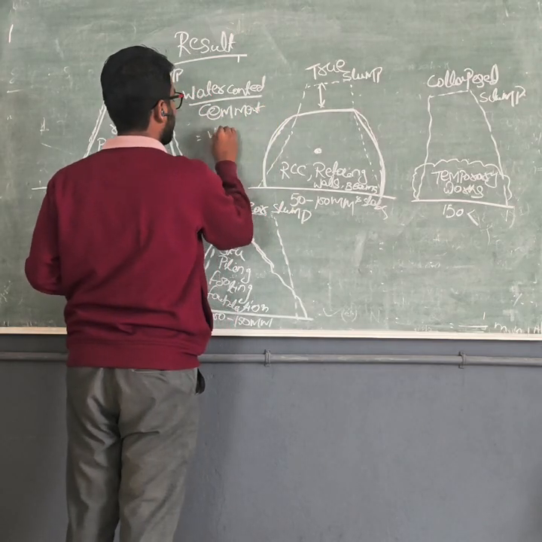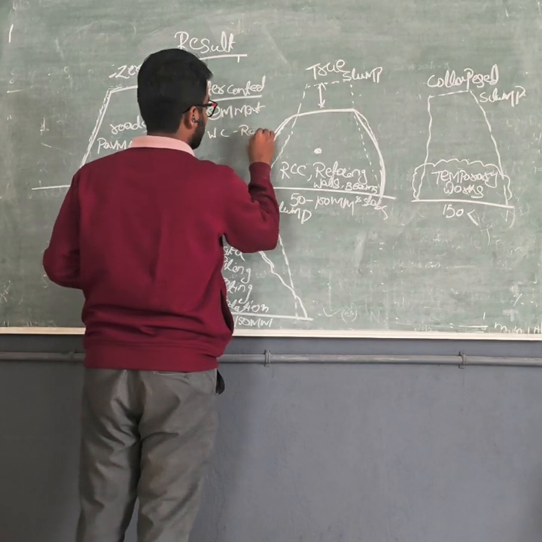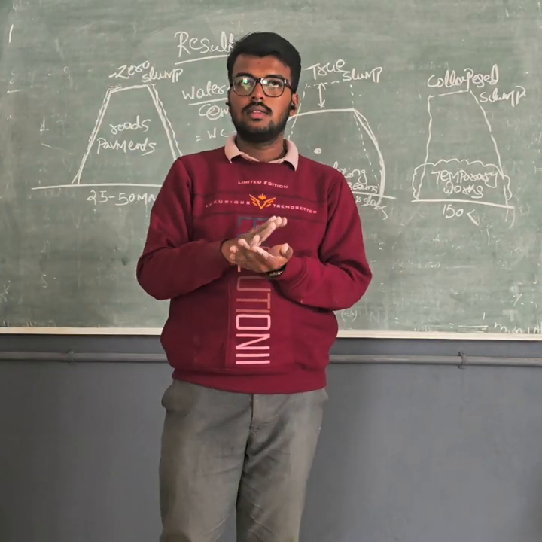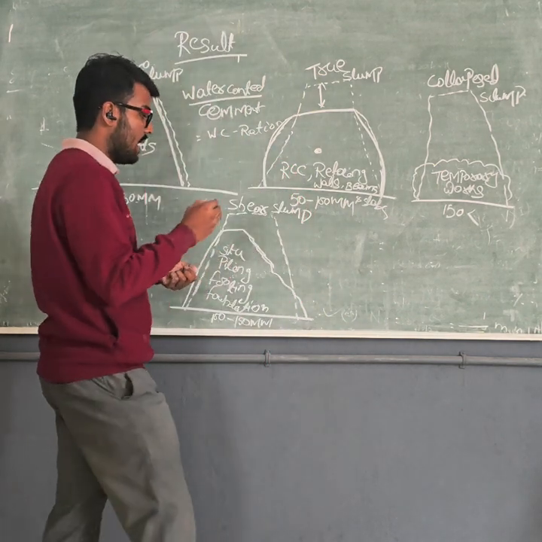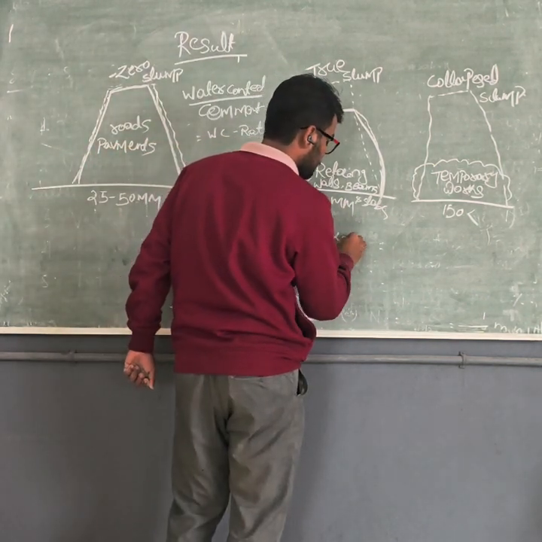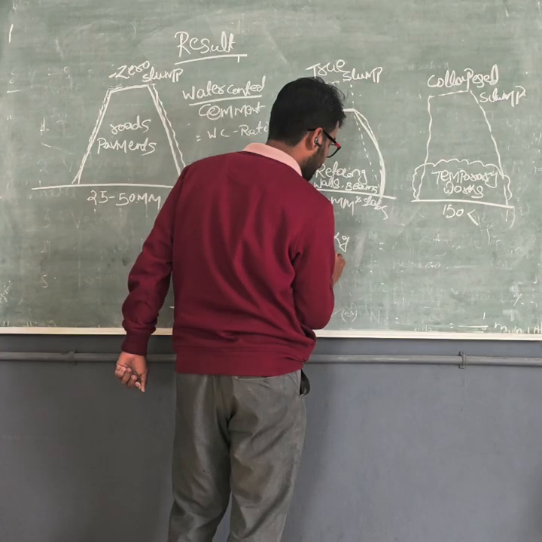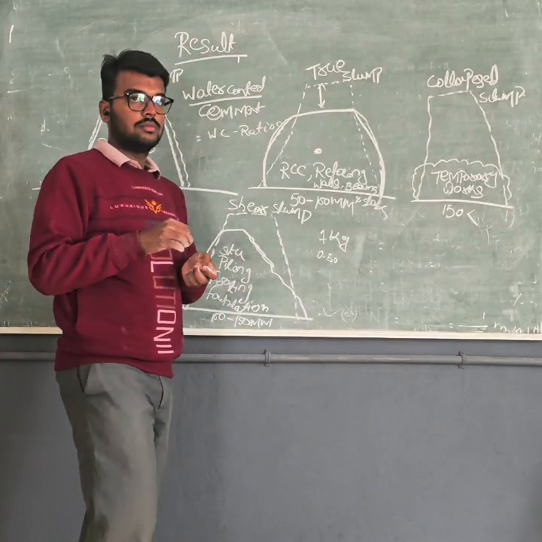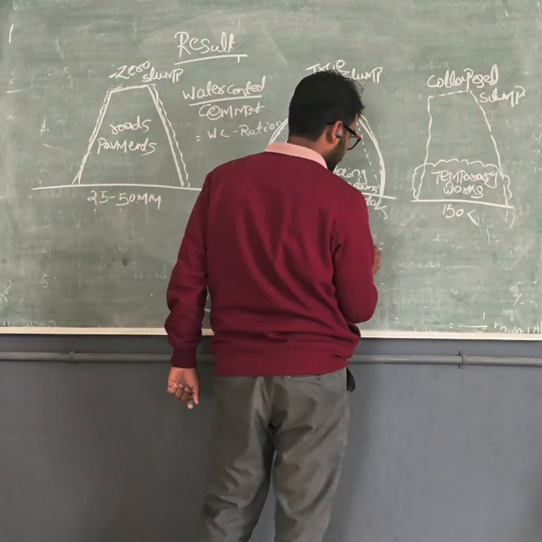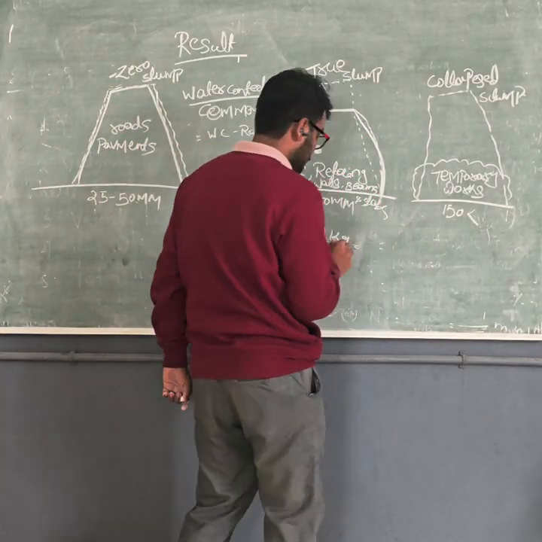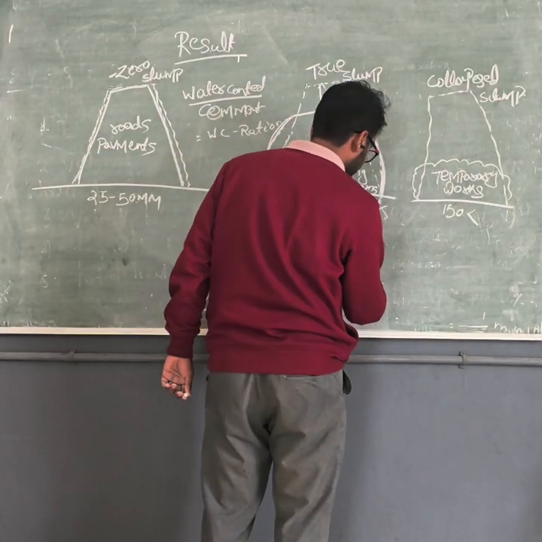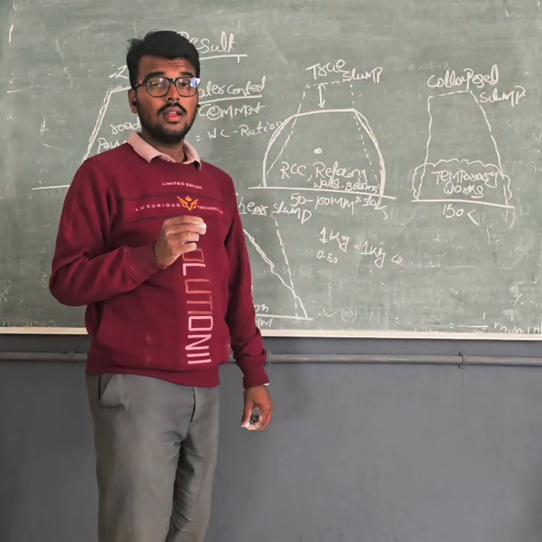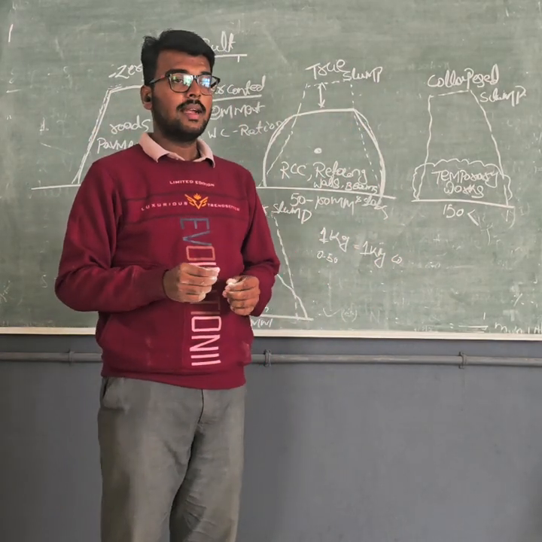If we add 1 kg of cement and the water cement ratio is 0.50, then what is the weight of the water? 0.50 is half of 1 kg, so 1 kg of cement contains 500 grams of water. This is the 0.50 water cement ratio.